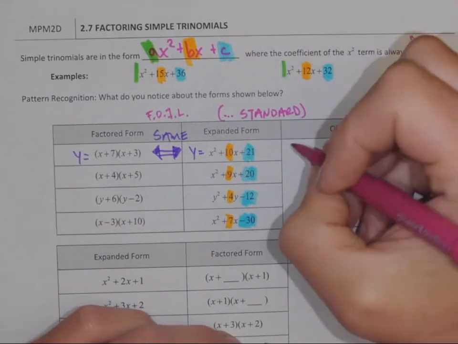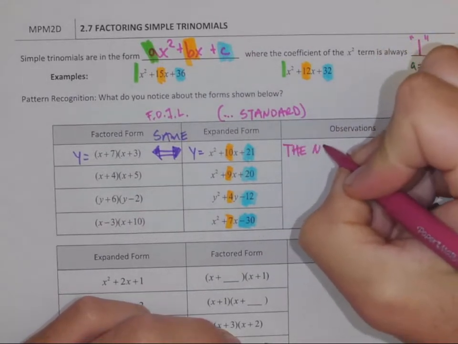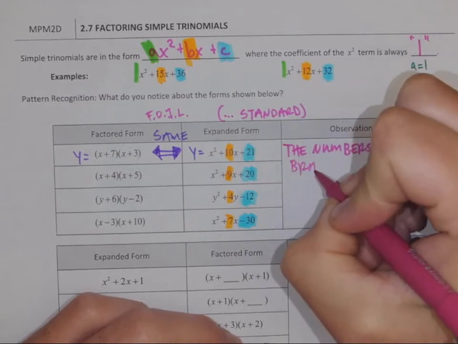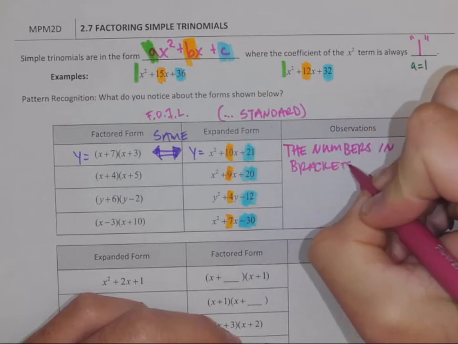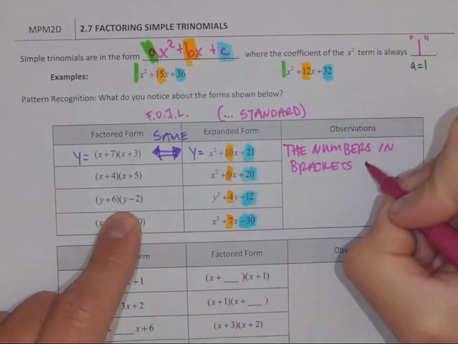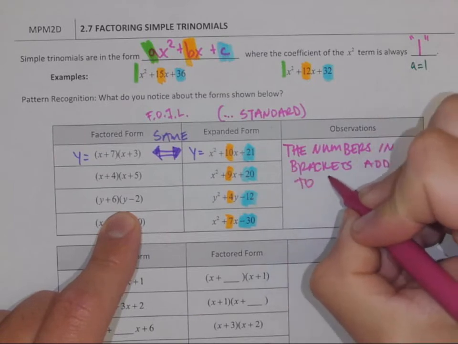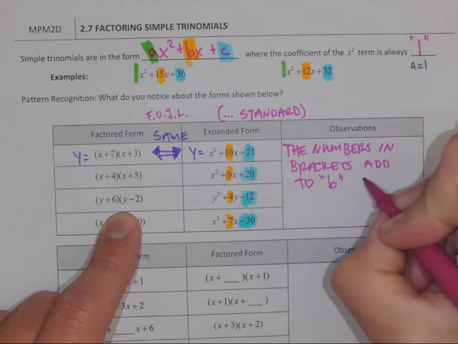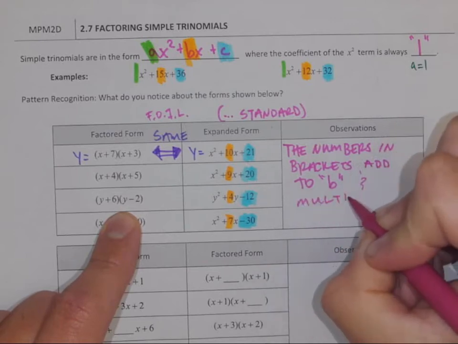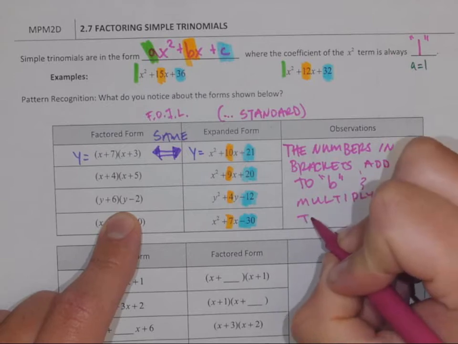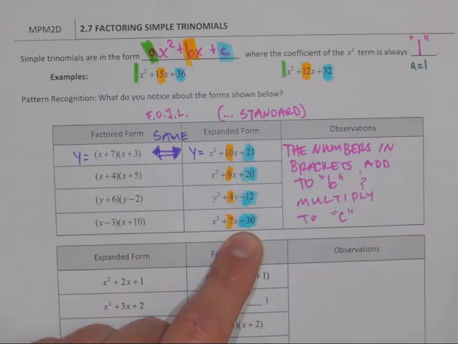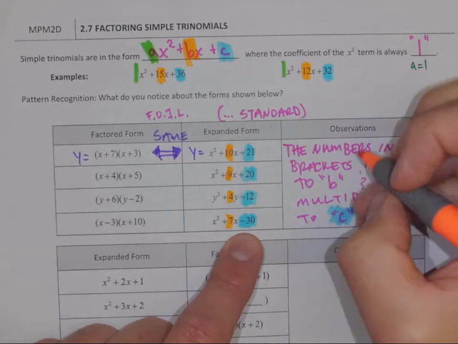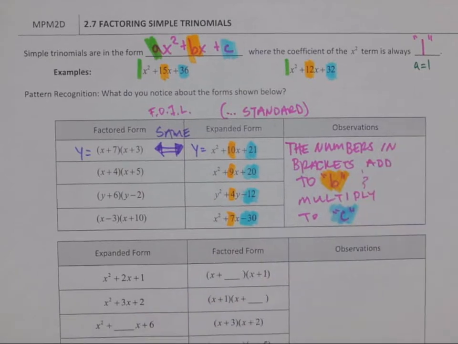So you might notice that the two numbers in the brackets are going to add to the b term, and they're going to multiply to give us the c term.